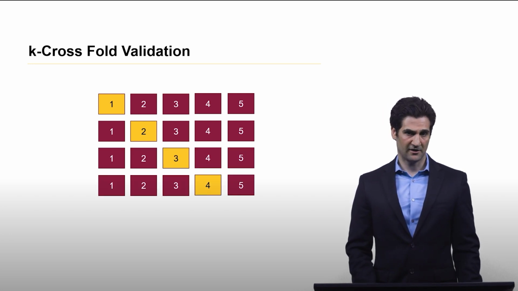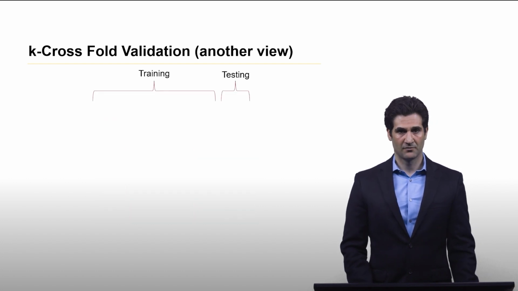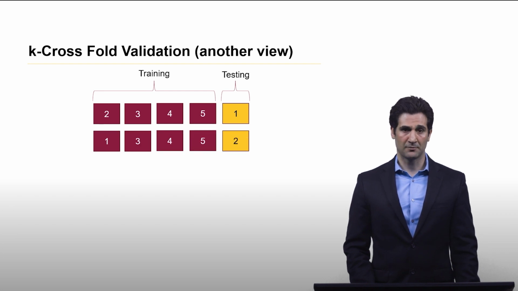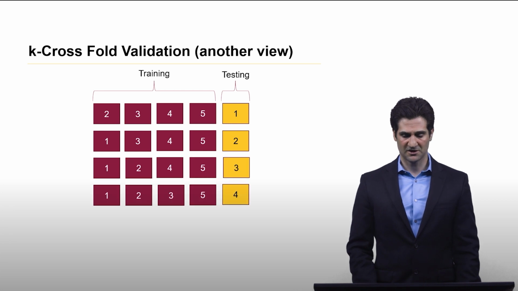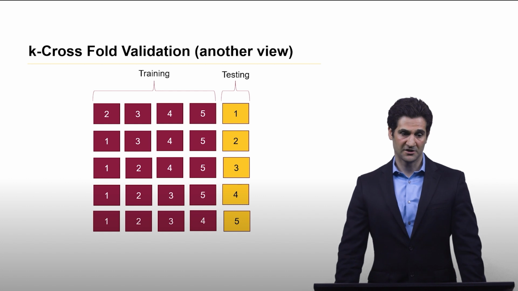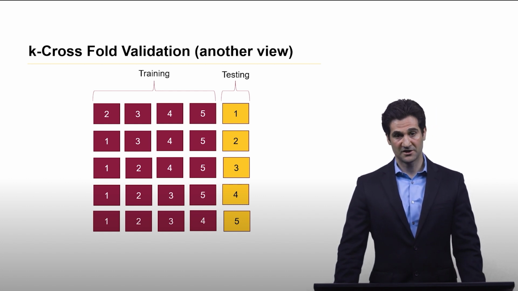And you see something analogous for the rest. Just to see this a different way, we can arrange it where we see which partition of the data set is used in training and what is used in testing. And now we have 5 different ways of evaluating our model or our approach on this data.